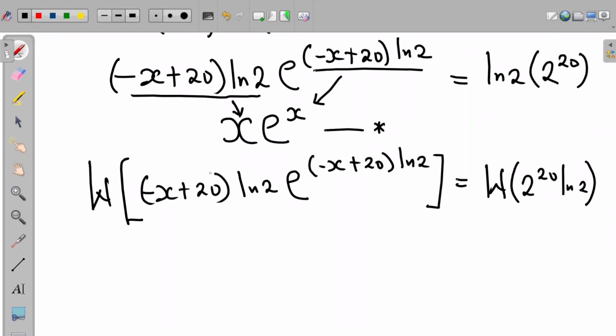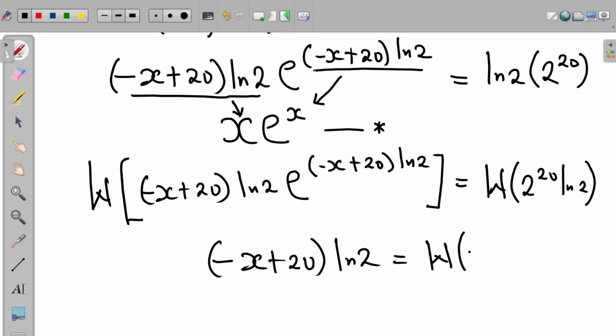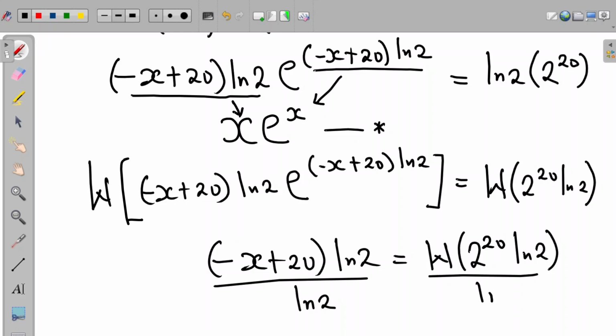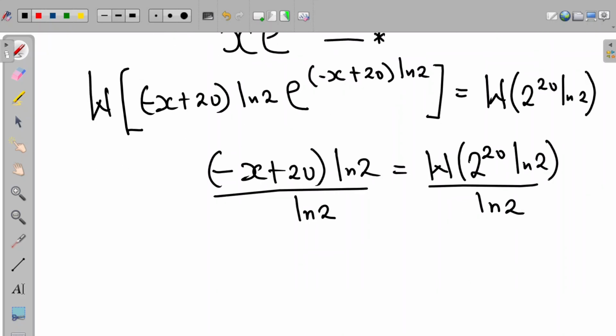So the left-hand side reduces to minus x plus 20 multiplied by ln 2 equal to W open bracket 2 to the power of 20 ln 2. So to obtain the value of x, we divide both sides of the equation by ln 2. So ln 2 can cancel out ln 2.